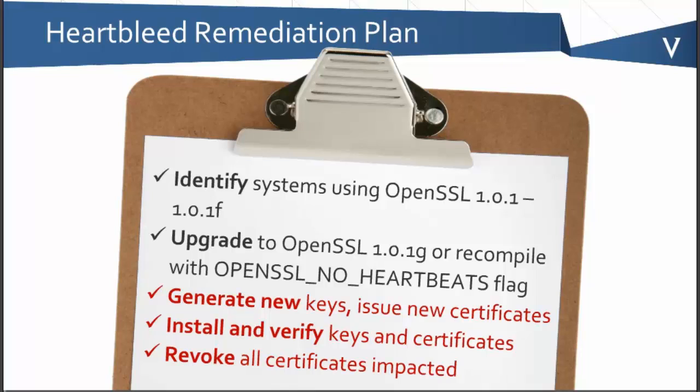In fact, if you look at this Heartbleed remediation plan, it looks really similar to that of the Drown attack. You have to patch the OpenSSL vulnerability. In this case, you have to first identify those systems and then upgrade to OpenSSL that had the no heartbeats flag on impacted systems, and then of course go ahead and regenerate new keys and certificates, because those keys and certificates, going back to Heartbleed, could have been captured without any trace.